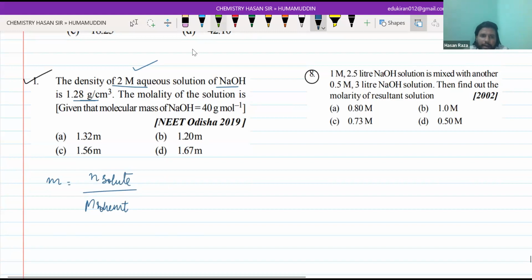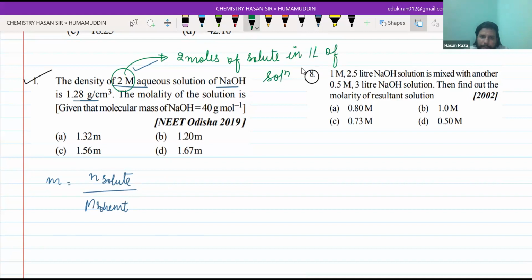What does 2m mean? 2m means 2 moles of solute in 1 liter of solution. This is the volume. You can write 1 liter, or you can write 1000 ml of solution. So you can easily look at this: 2 moles of solute.